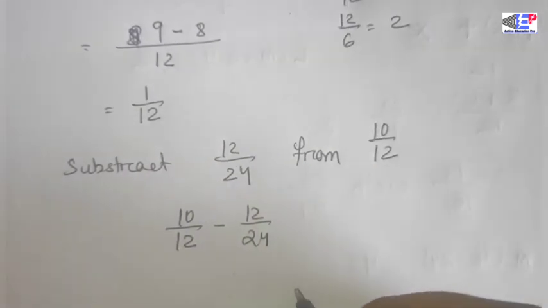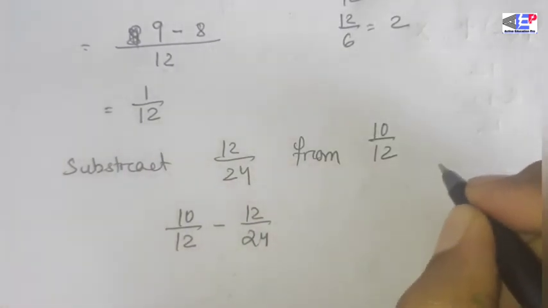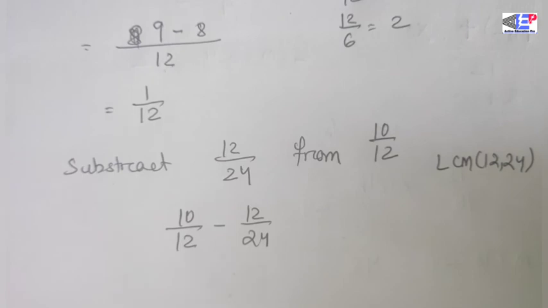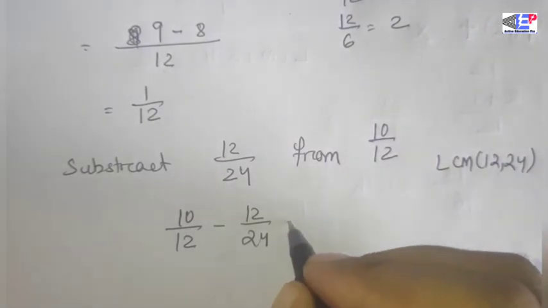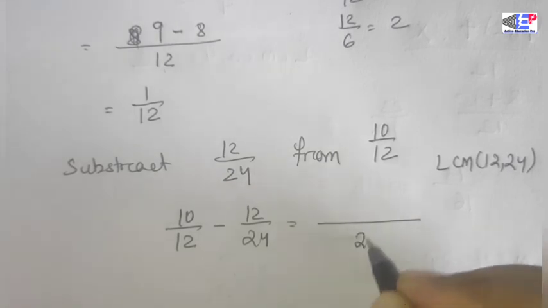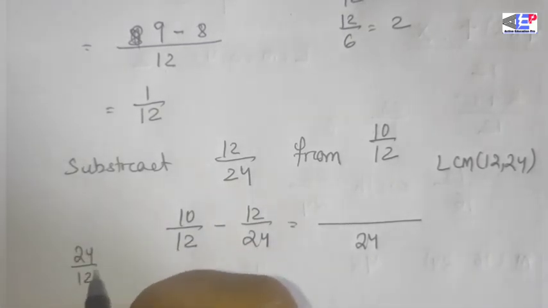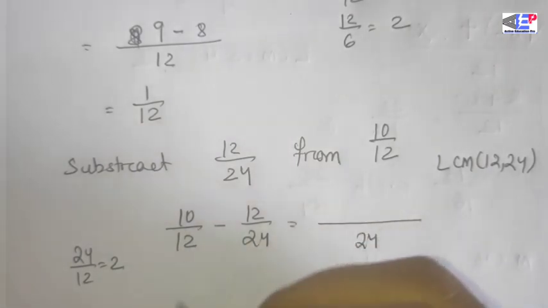In this case the denominators are different from each other, so take the LCM of 12 and 24 and your answer will be 24, because 24 is a multiple of 12 and of itself. Then write the LCM below the line, and then divide by 12. 24 by 12, your answer is 2. Then multiply with the numerator.